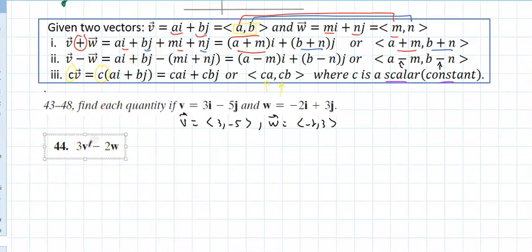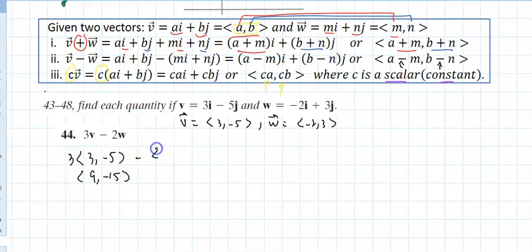So we're no longer doing this graphically like we did last time. Now we're using algebra. This is simply going to be 3 times v, and v is 3, negative 5. So this by itself is 9, negative 15, minus 2 times negative 2, 3, and that would be, either you distribute the whole negative and make that a positive and say that's a 4, negative 6, or leave the negative up front and just distribute the 2.